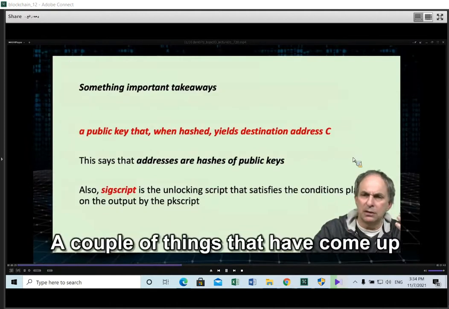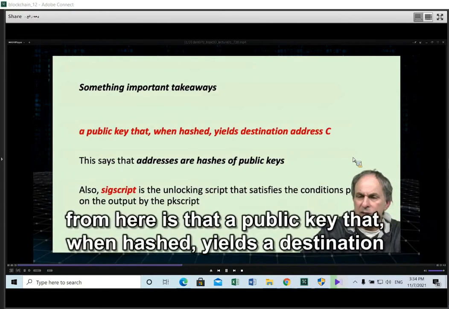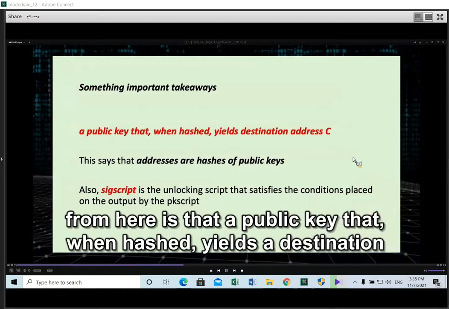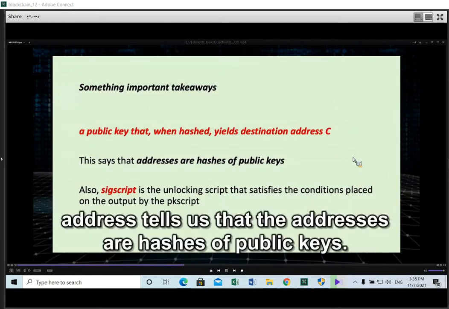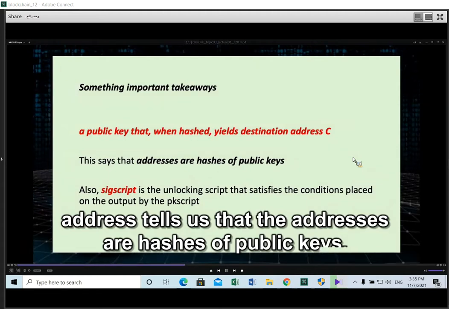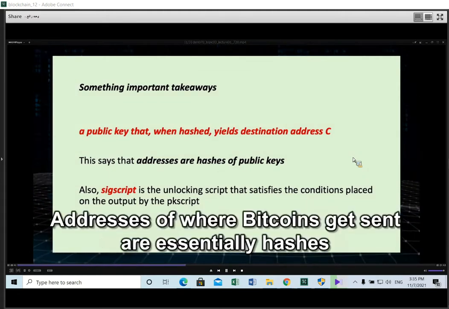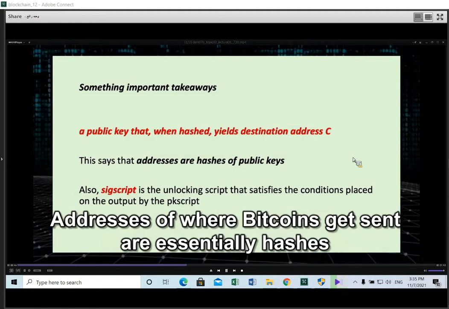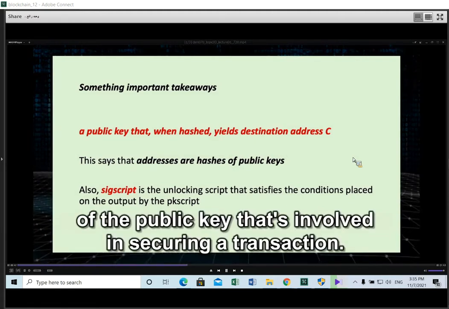A couple of things have come up from here. A public key that when hashed yields a destination address tells us that addresses are hashes of public keys. So addresses of where Bitcoins get sent are essentially hashes of the public key that's involved in securing the transaction.